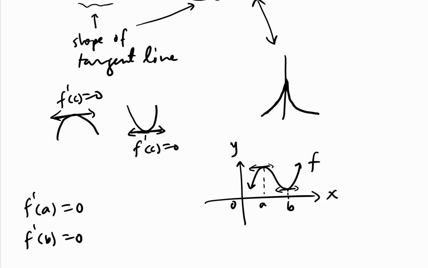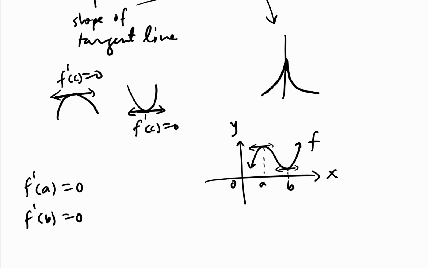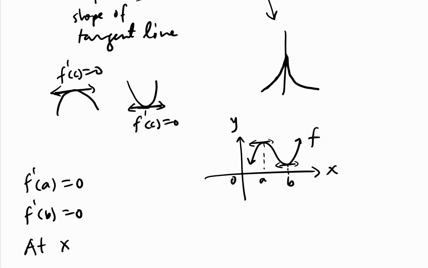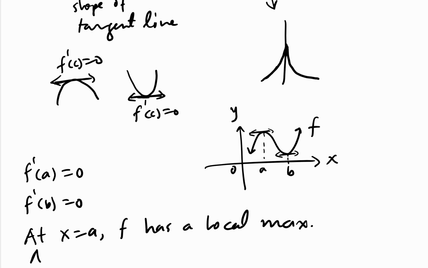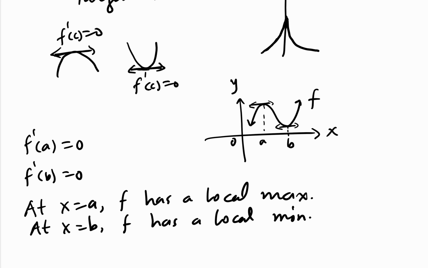So notice at x equals A, f has a local max. At x equals B, f has a local min, or vice versa. At A there's a local max, so f prime at A is 0. F has a local min at B, so f prime at B is 0.